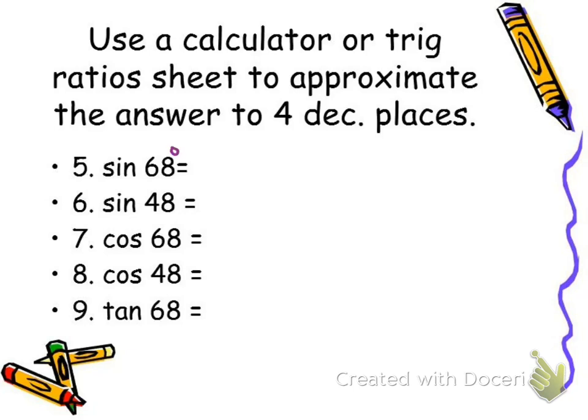They didn't put the degree symbol on these, but these are meant to be degree measures of angles. So we are finding sine, cosine, and tangent, whatever it is that they asked us for. The numbers in front are the numbers of the problem. Don't start multiplying by those.